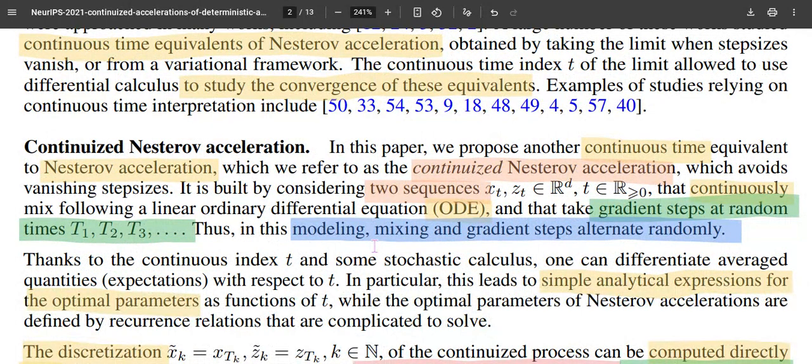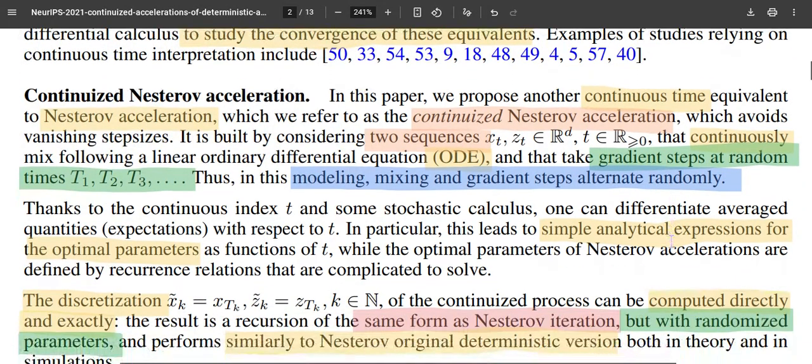Because of the random parameters, the gradient steps happen at random time steps. It's not sequential at all times, so it happens at random times T1, T2, and T3. So the mixing step, those intermediate ODE equations, and the gradient steps are involved per iteration, and the gradient optimization occurs randomly. So it involves stochastic optimization.